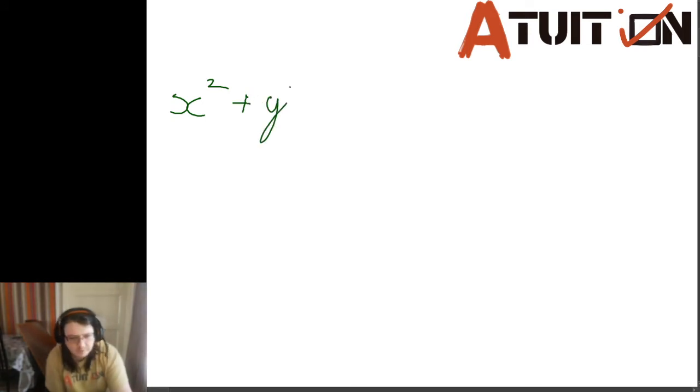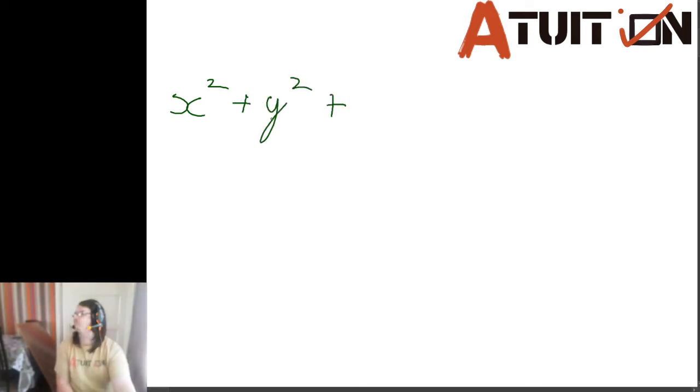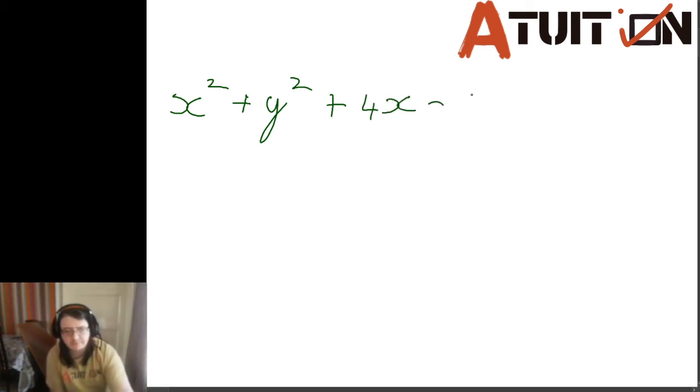So we're going to be starting with a bit of algebra, completing the square and applying that to circles, because it's a fairly important topic. So let's just start off with an equation. Let's say we've got the equation x squared plus y squared plus 4x minus 6y, and let's say that that's equal to something.